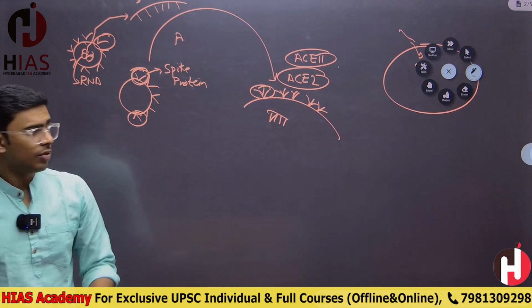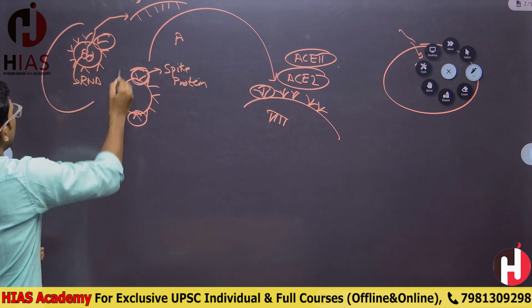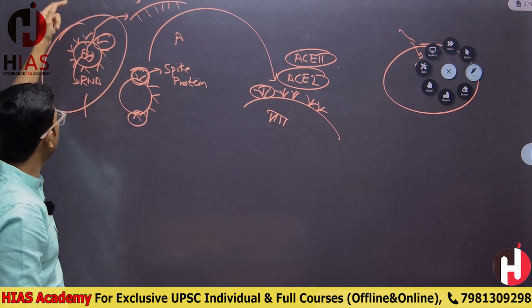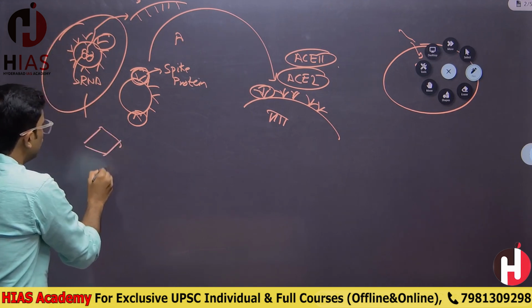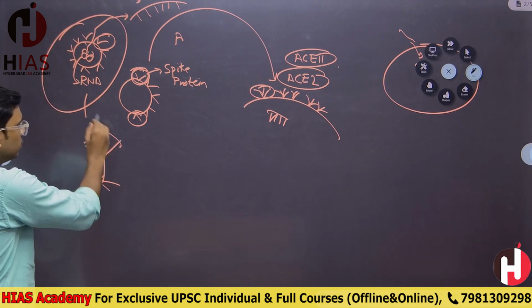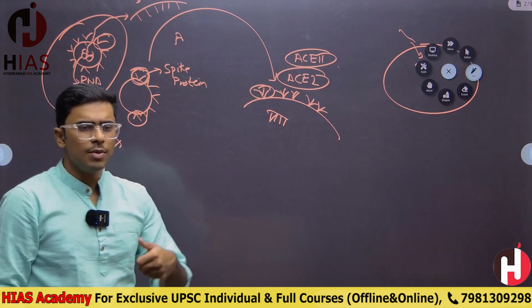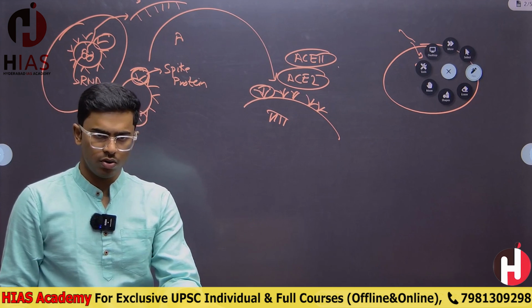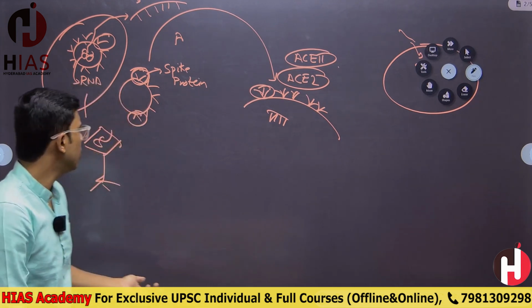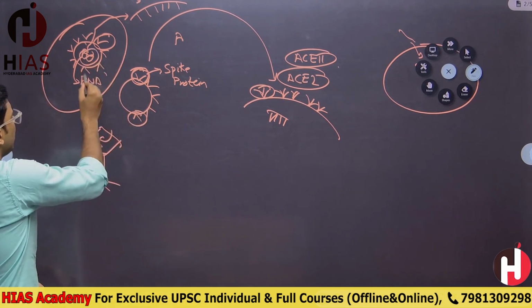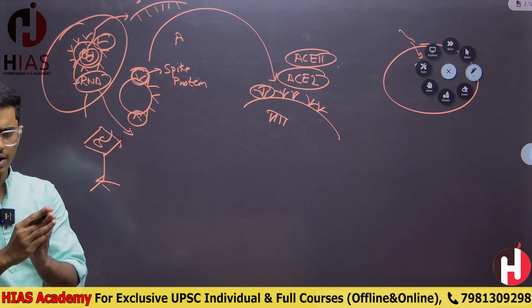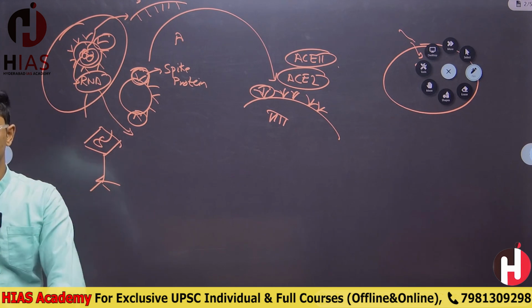A virus has no ribosome. Did I draw any ribosome? No. If you look at that adenovirus also, there is no ribosome. So without a ribosome, can it make proteins for itself? No. And I told you, even RNA itself is a compound which can be created by ribosomes.